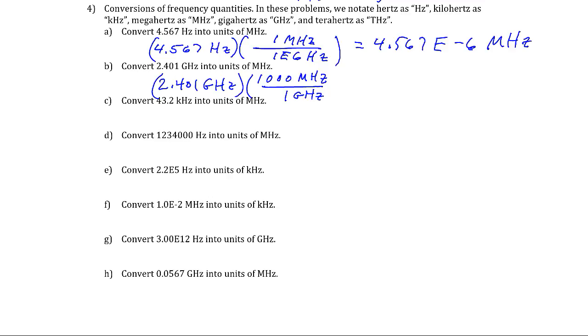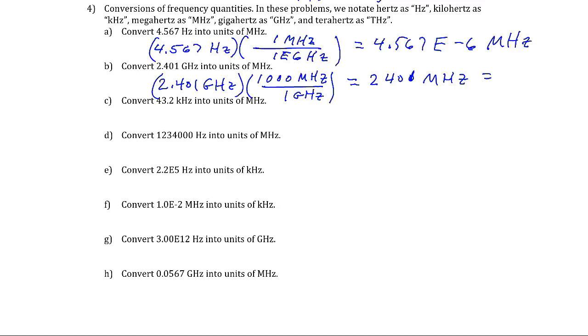Mega is 10 to the 6th. Been a long day. And so the gigahertz cancel, and I'm left with megahertz. And I have 2.401 times 1,000, or 2,401 megahertz. This could also be written as 2.401 gigahertz, which I guess is what I started with.